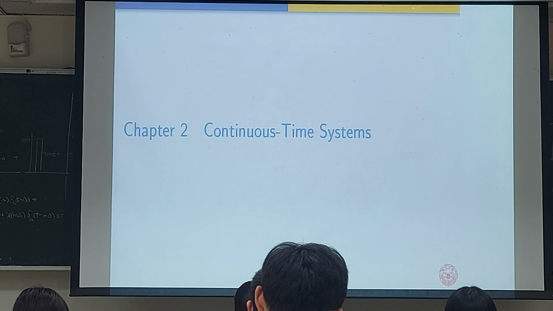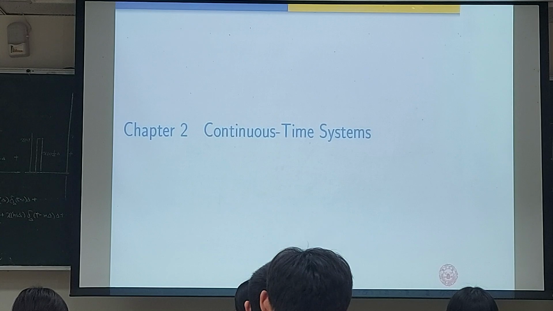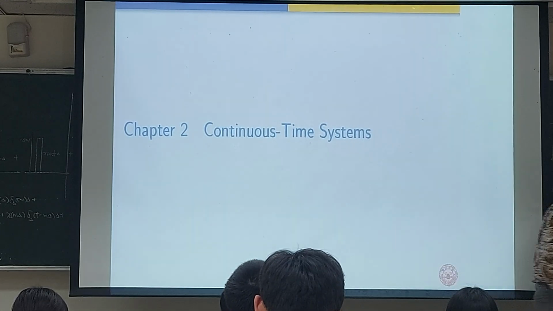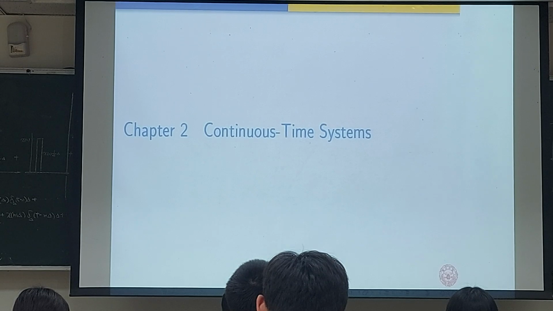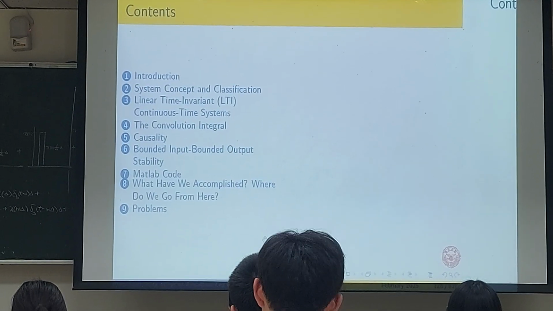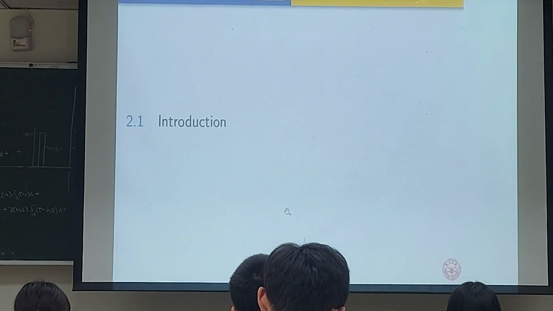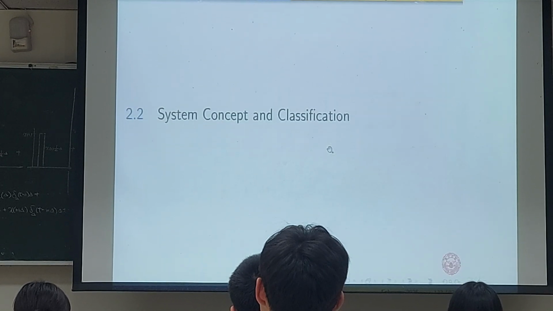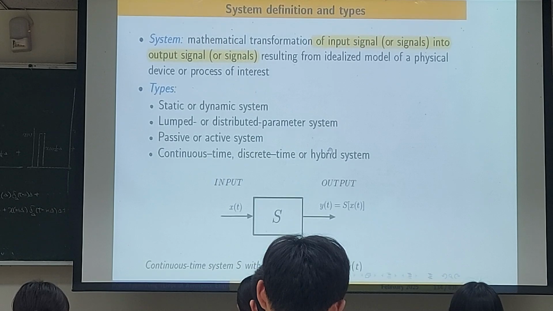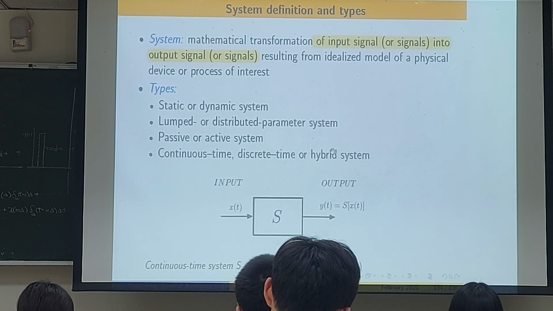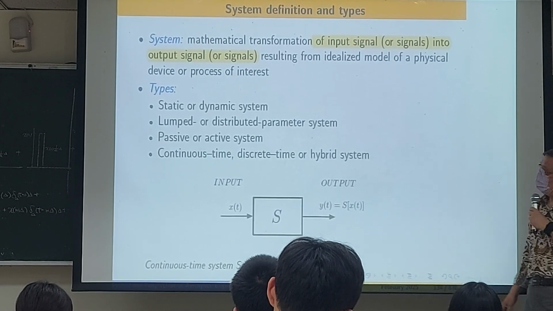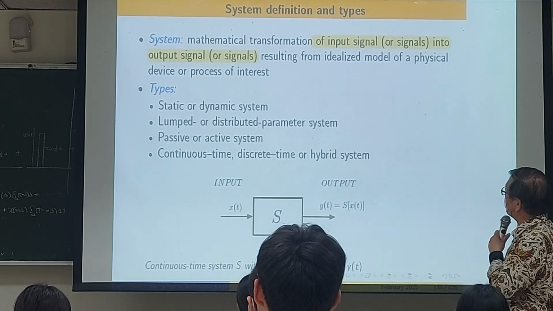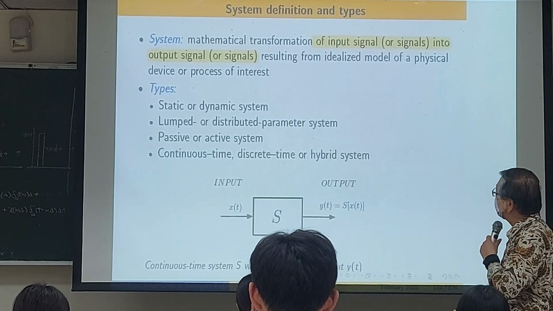In the first chapter, we considered signals. Now we are going to consider systems, continuous time systems. Alright, so what is a system indeed? Okay, this is the very rough definition. A system is a mathematical transformation of input signals into output signals.